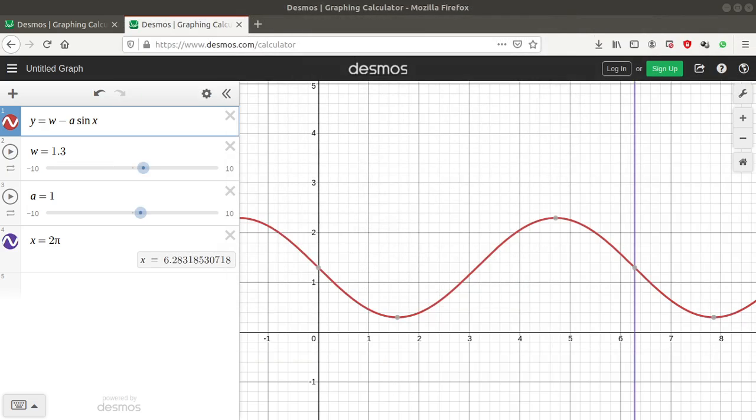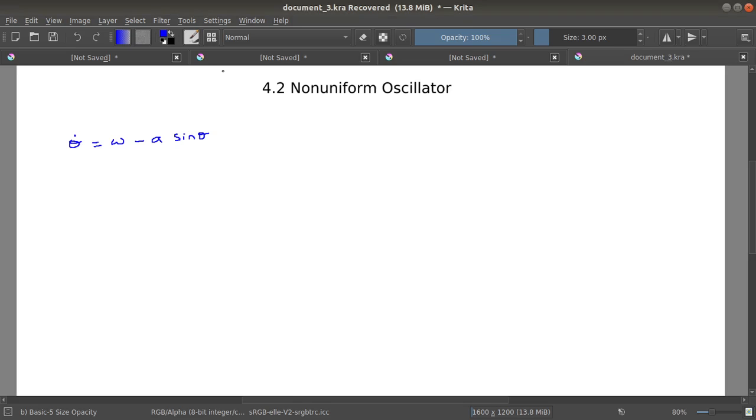Now for the case when omega is greater than a, we have observed that there will be an oscillatory behavior. So what is the time period of that oscillation? That is one thing we'll be interested in. We'll see how to calculate the time period.